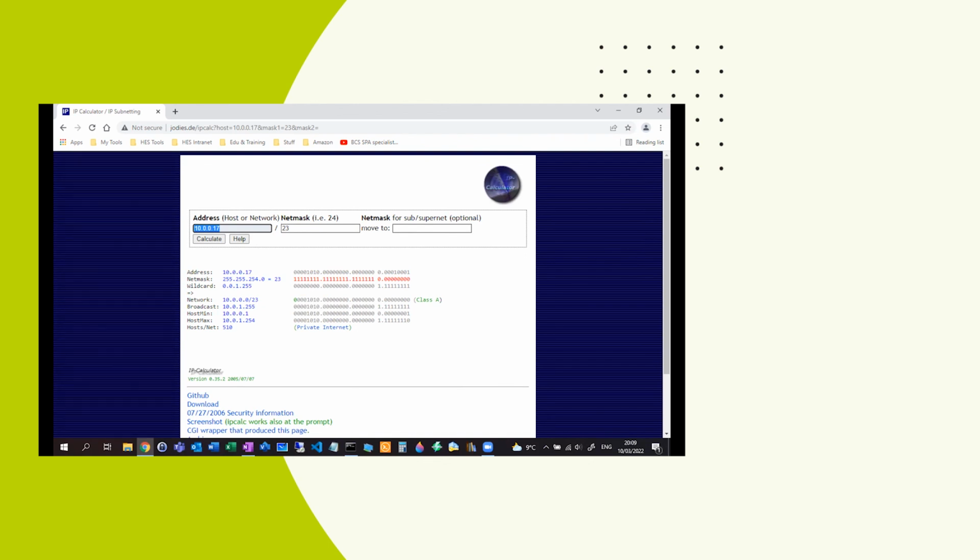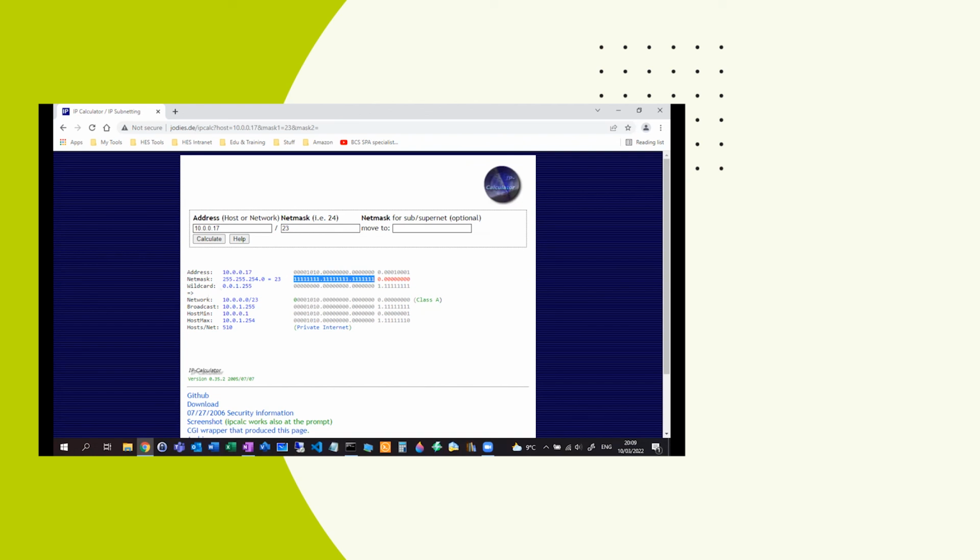So it's 8 binary ones, 8 binary ones, 7 binary ones here. This 0 is included. Okay, 7 binary ones here make the decimal number 254.0. So this is a slash 23 because I need 23 ones.